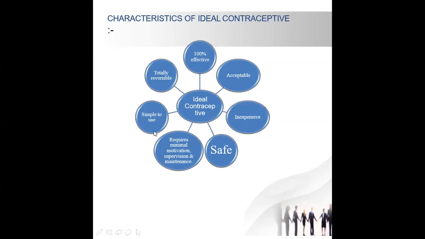It should be very simple to use. And the pregnancy should be reversible. That means once we stop these drugs, there should be a reversible attainment of pregnancy. So all these are ideal characteristics that hormonal contraceptives should have.